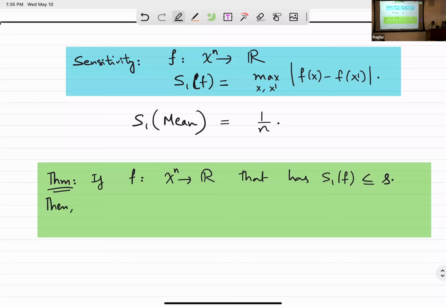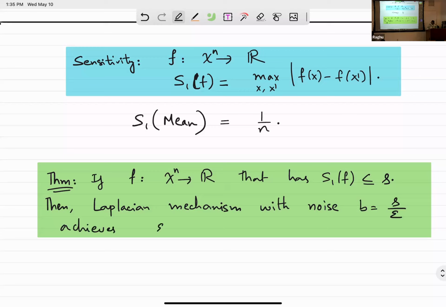then the Laplacian mechanism, where you compute f of x and add noise, achieves epsilon differential privacy.